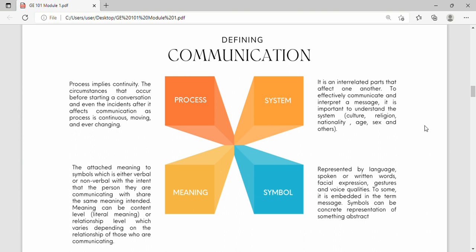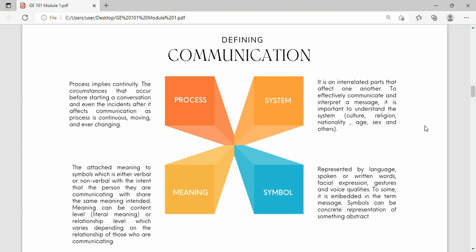Halimbawa na lang, kapag sumisenyas, when we're showing gestures or doing bodily movements, sometimes it serves as a symbol, di ba? Or a sign. Parang sumisenyas tayo. And that's a form of communication. It's a representation as well.